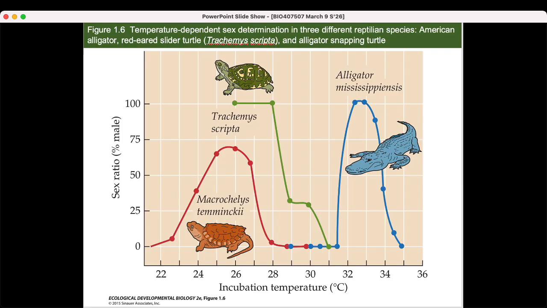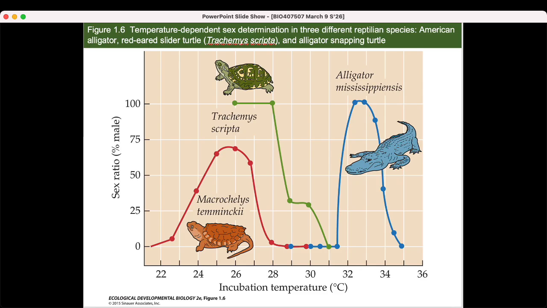Here, the book is showing this in chapter 1 and showing the sex ratio, so percentage males. There are certain temperatures that are 100% males. Different species show this sex determination based on temperature. There's a range of temperatures where males are produced.